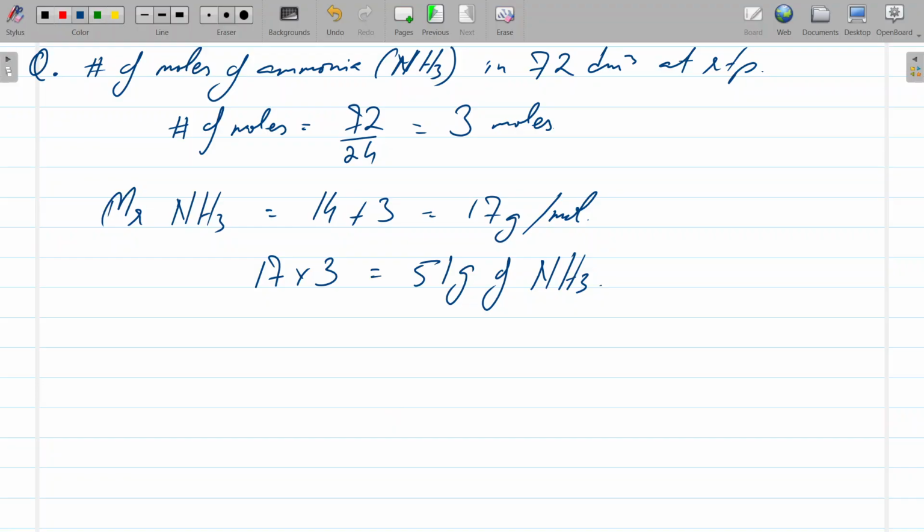Finally, just to quickly wrap up, another question could be where they're asking you to calculate the volume of carbon dioxide. It will be a word problem, but the numbers will be given as numbers.